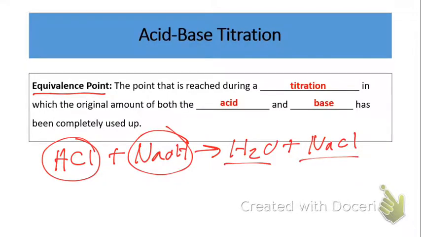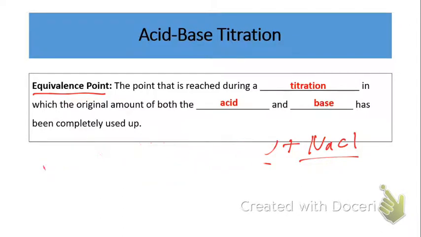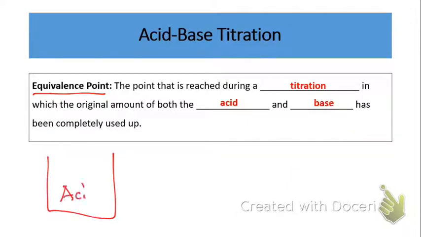All right, so think about it in these terms. Let's say that we have, again, a container of acid, and we're going to add our base to the acid. At first, the acid is going to be in excess because there's a lot more acid than base when we add drop by drop.